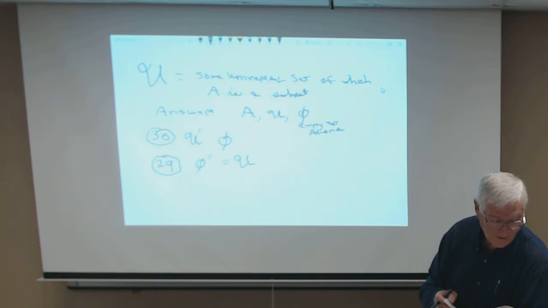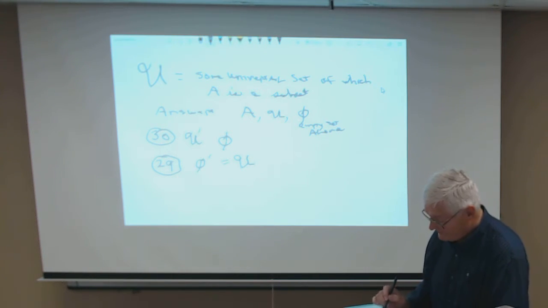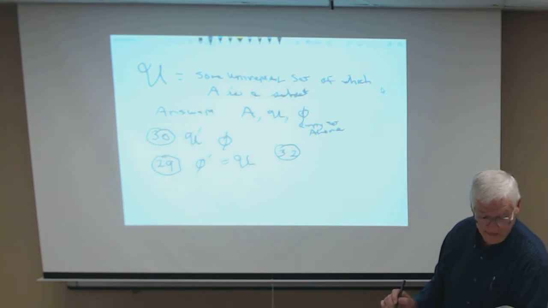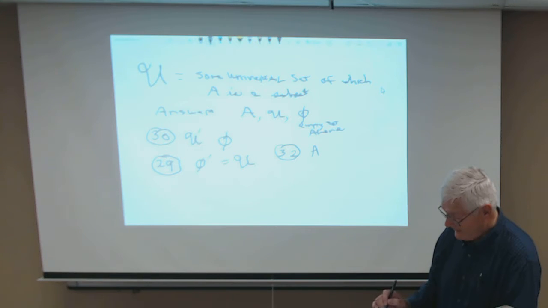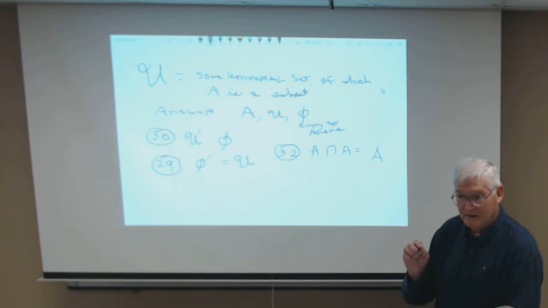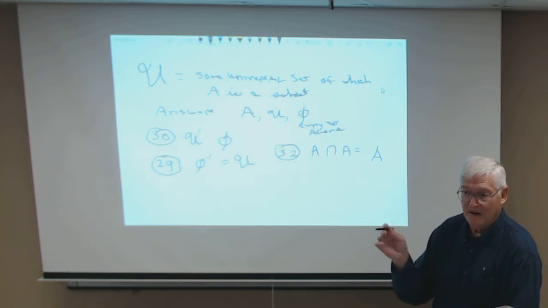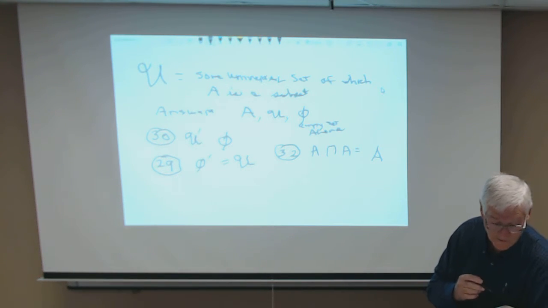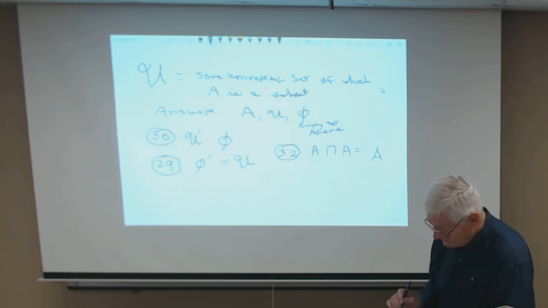Number 32. The intersection of A with A would be what? I have three choices. A, the universe, or empty set alone. It'd be A, wouldn't it? Doesn't every set, when it intersects itself, give that set again? 34.